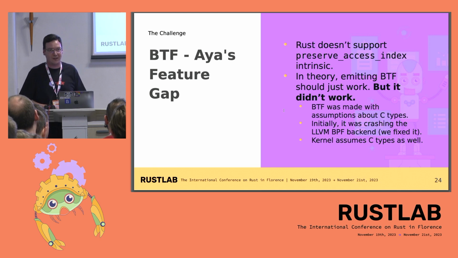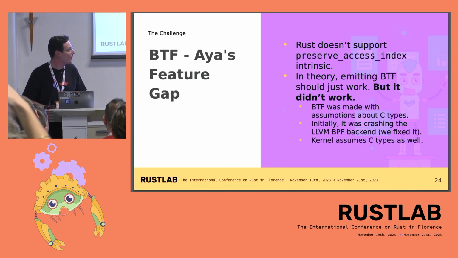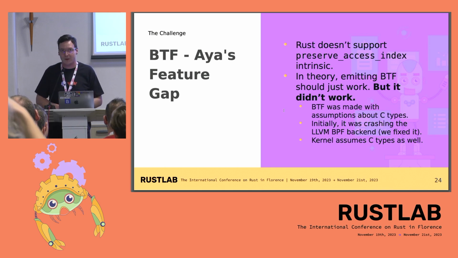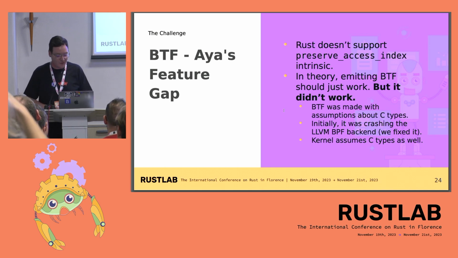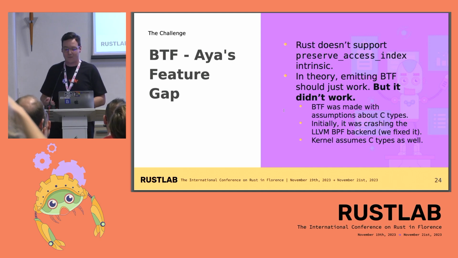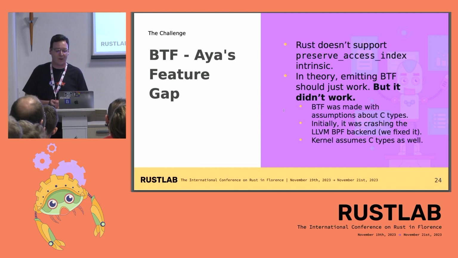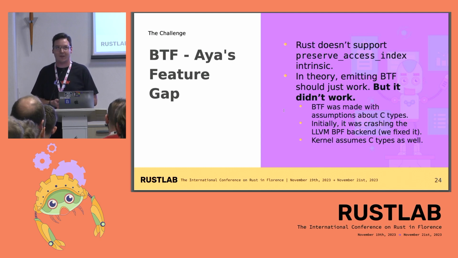Unfortunately, supporting that mechanism was, and still is, I hope for a very short time, a feature gap in writing BPF programs in Rust. The first reason is that Rust doesn't support the preserve access index intrinsic, so there's some work to be done there.